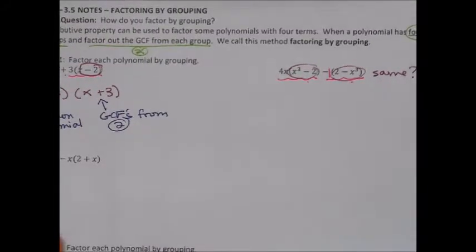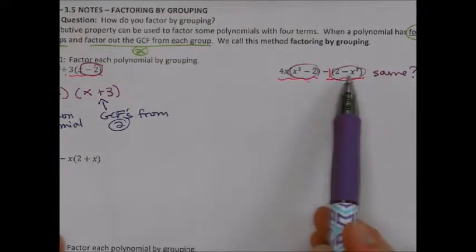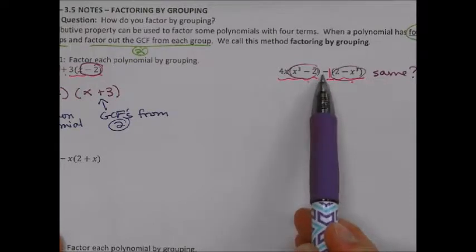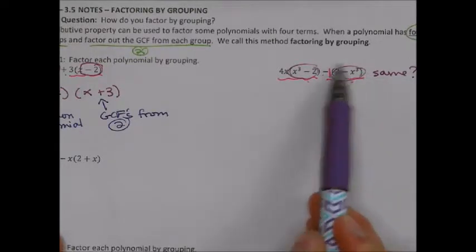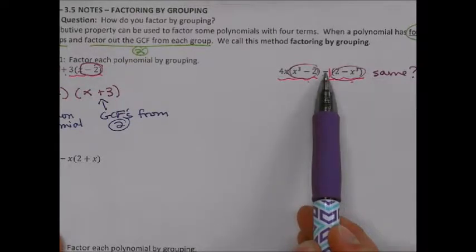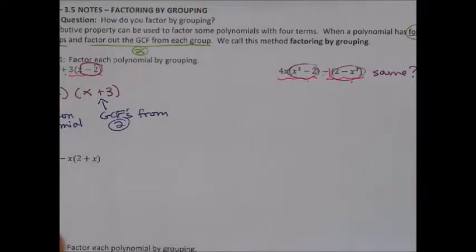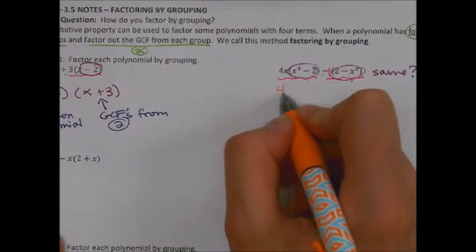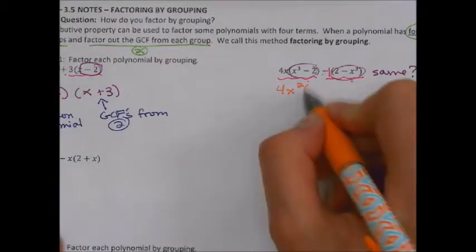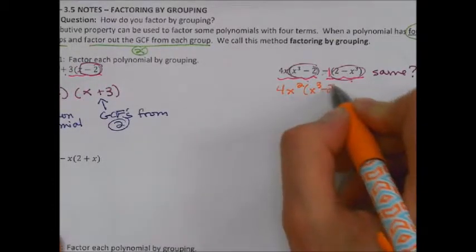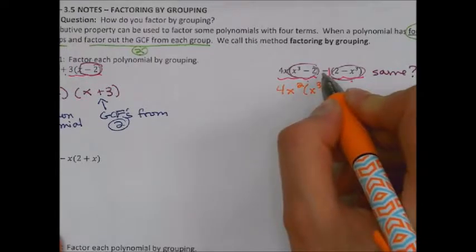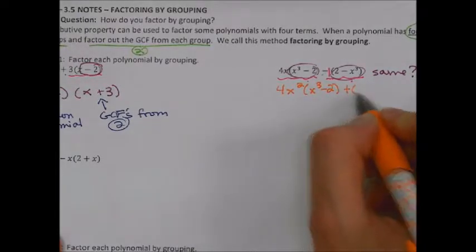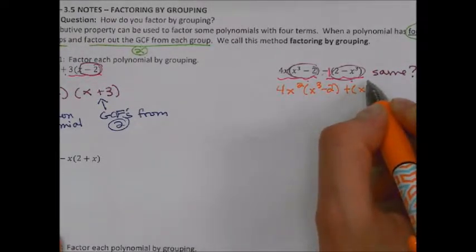The answer is no, but I can make them the same by factoring out a negative 1. And if I take out a negative, this right here becomes a positive. So I'm going to rewrite this. Now I'm factoring out a negative, and that'll make this positive, and that switches the signs here.